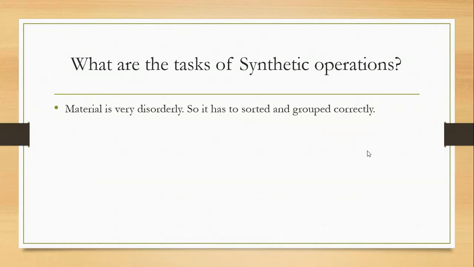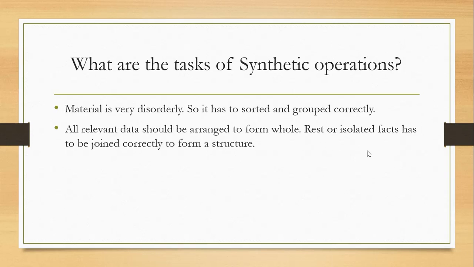So as told earlier, material is there. It will be very disorderly. It is scattered everywhere. It has to be sorted and grouped correctly. So all of the data should be arranged to form a whole story. Okay. What data is isolated? Not all data will be connected. For example, all the Maratha data you can connect in the case of Aurangzeb, but you may have some isolated facts.